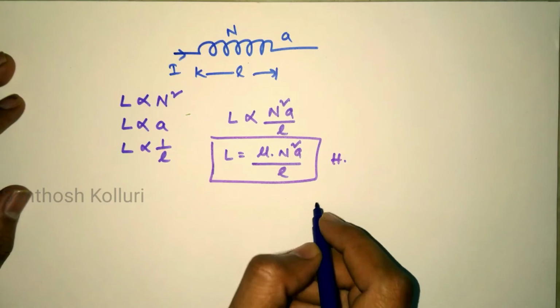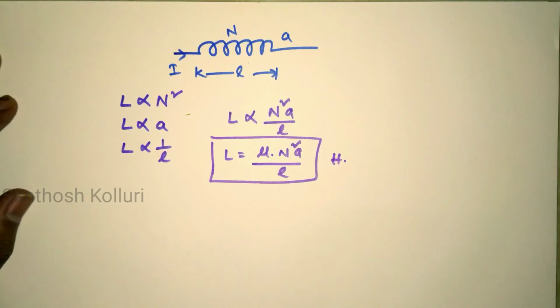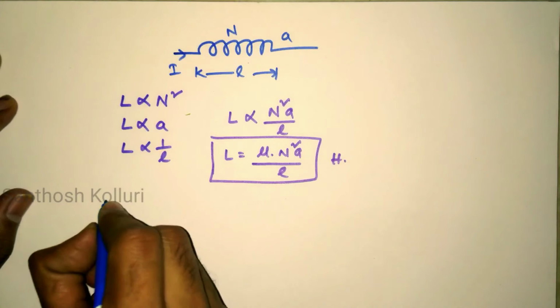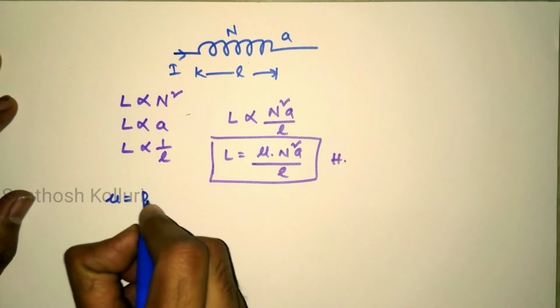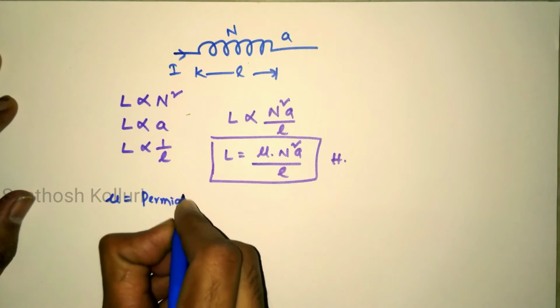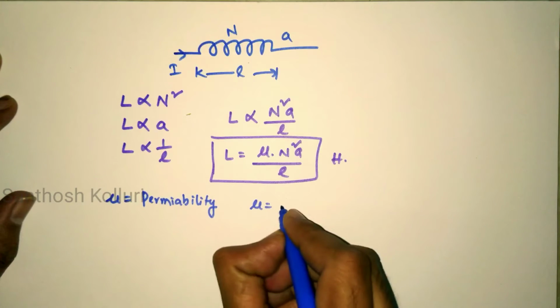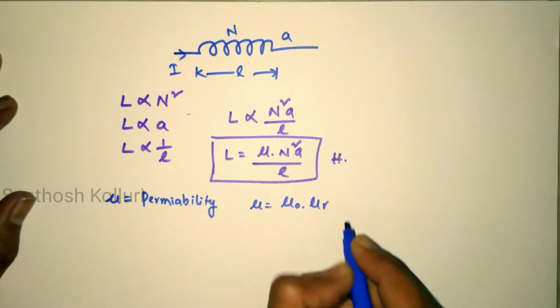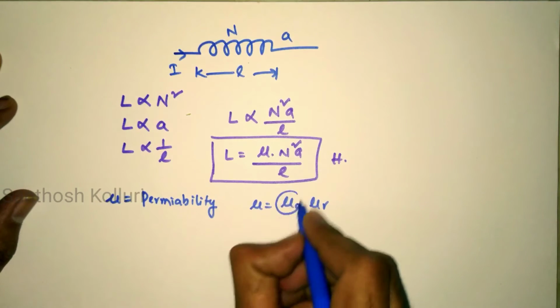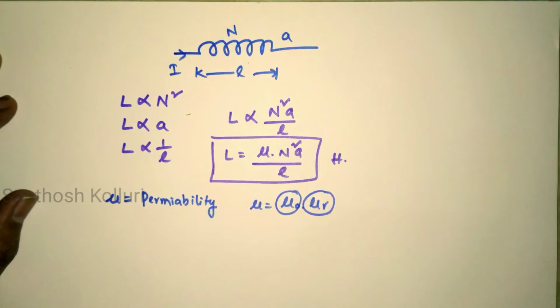L is equal to mu into n square A by L, where mu is the permeability, which can be written as mu is equal to mu naught into mu r, the product of absolute permeability and relative permeability.